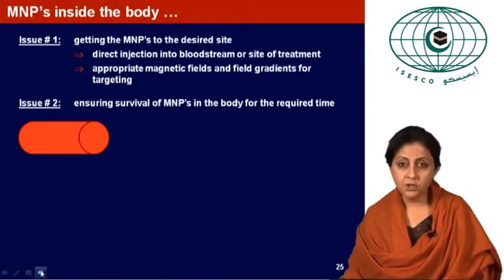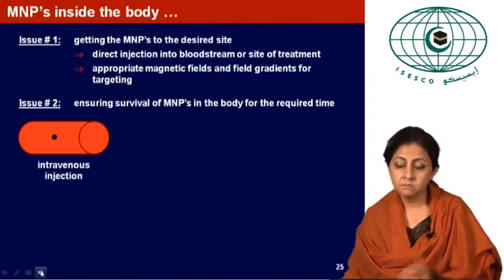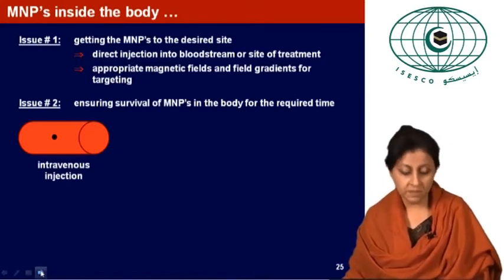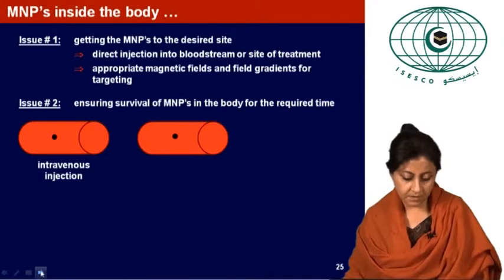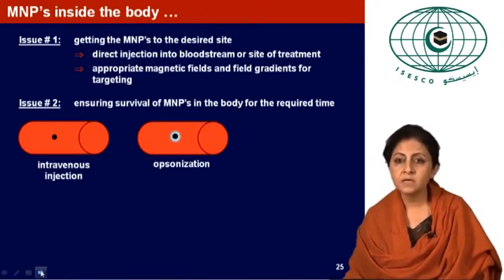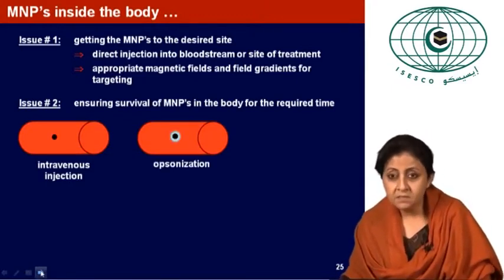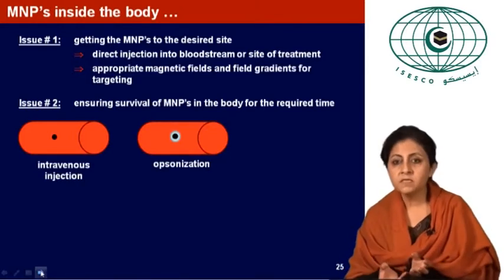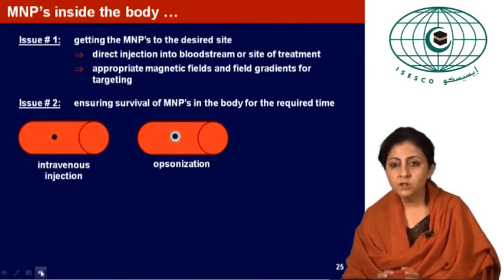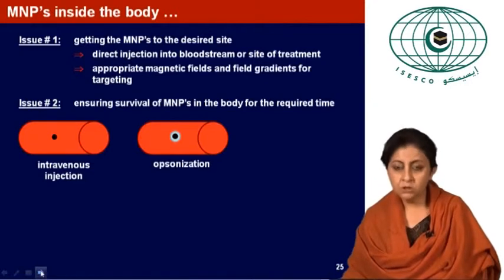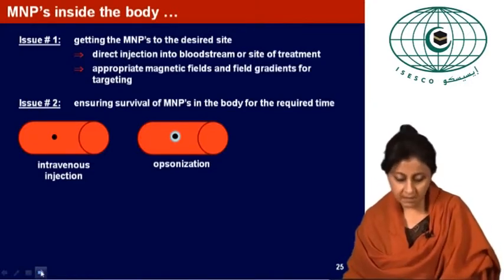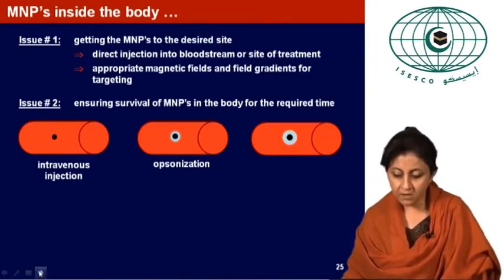So suppose this is an artery and we have injected a magnetic nanoparticle here by intravenous injection. The first thing that happens is a process known as opsonization, which is that magnetic nanoparticles get surrounded by certain plasma proteins, which makes them detectable to the body's defense mechanism, which is made up of phagocytes.